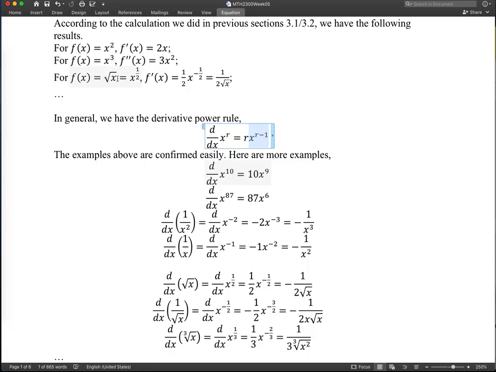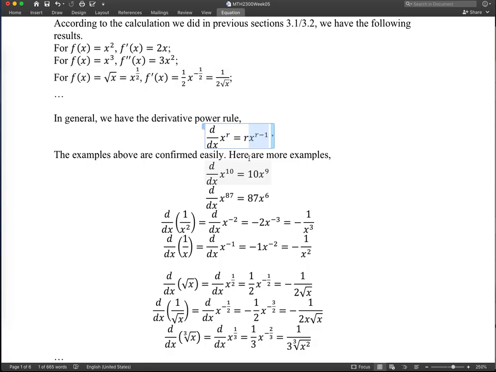The square root of x can be considered as a power function, x to the 1/2, right? Then bring down this 1/2 as the coefficient, and decrease 1/2 by 1. That's negative 1/2. Okay, 1/2 minus 1 is negative 1/2. So it doesn't match.